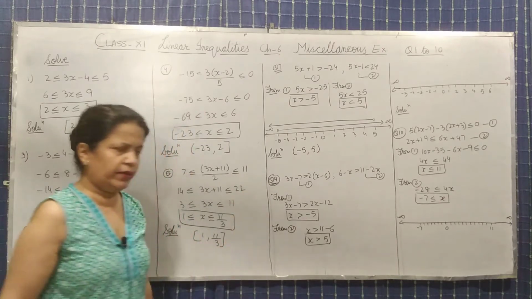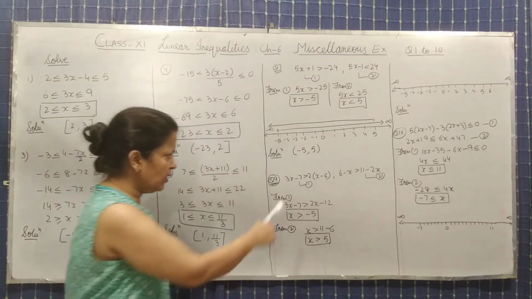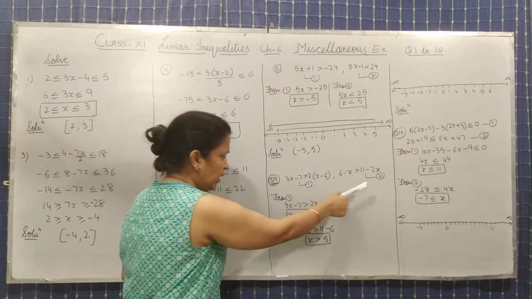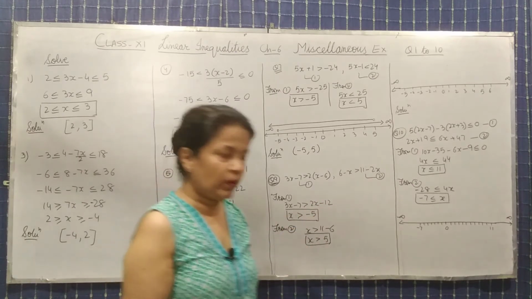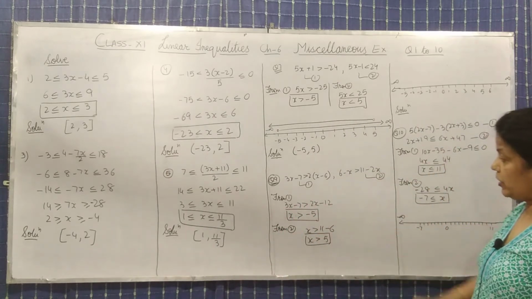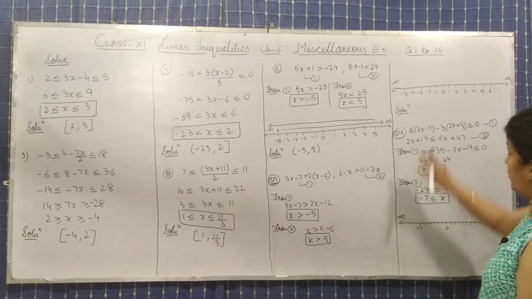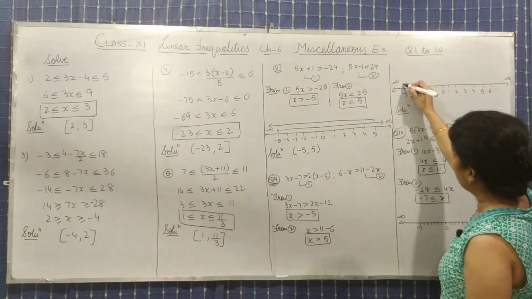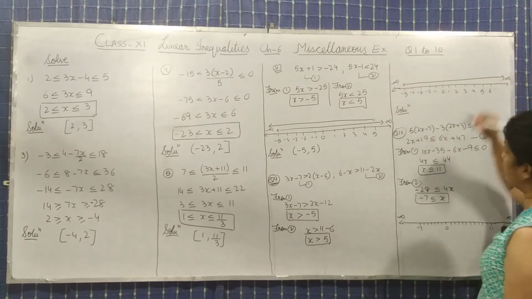In question 9, again two different linear inequalities. From first solve it, you will get x greater than -5, and from second you are getting x greater than 5. अब देखते हैं x is greater than -5, if we will take it on the number line, -5 से बड़ा, so this is not included, so it will go like this.